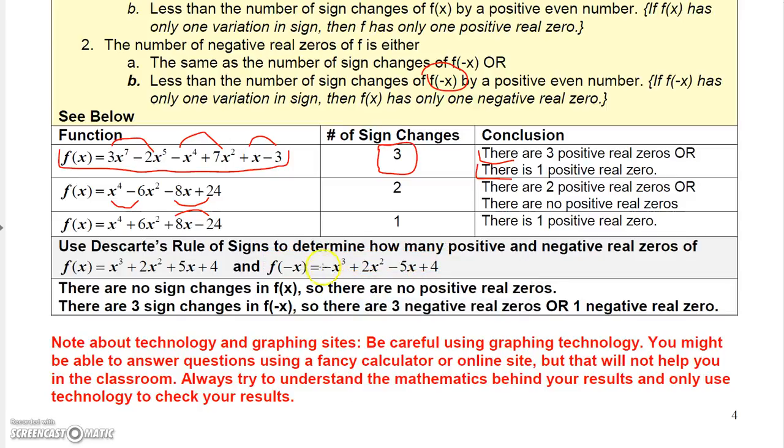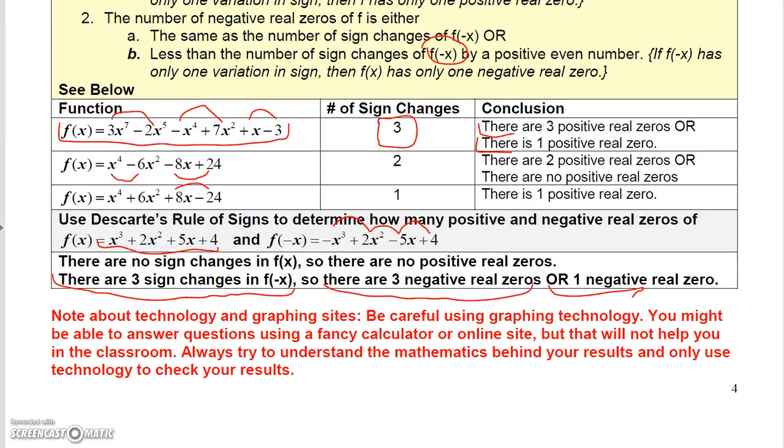There is 1, 2, 3. So there are no sign changes in f of x, right? So there's no positive real zeros. And there are 3 sign changes in f of negative x. So that means there are either 3 real negative zeros or 1 real negative zero.